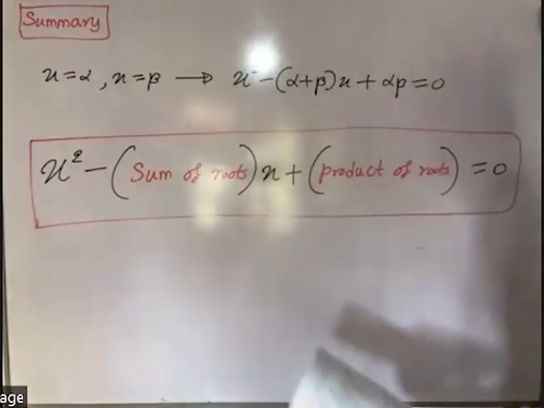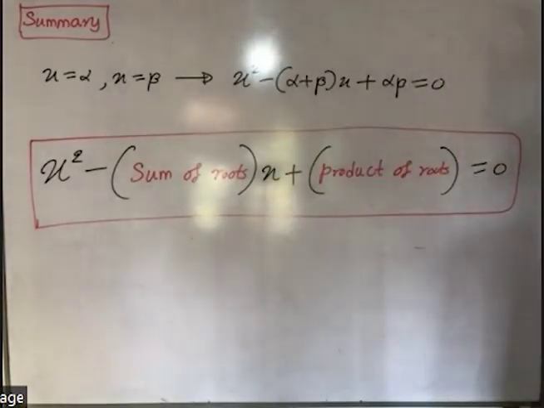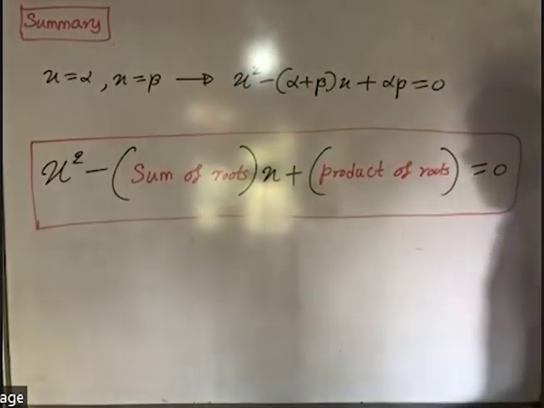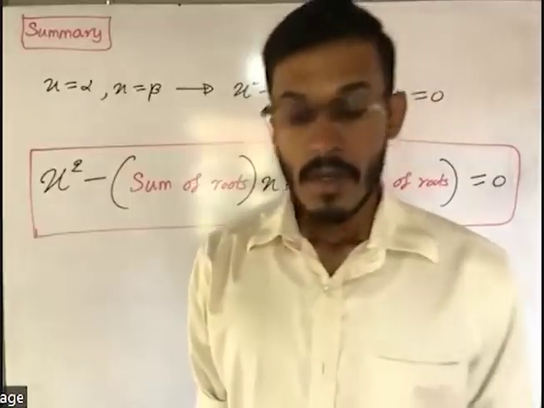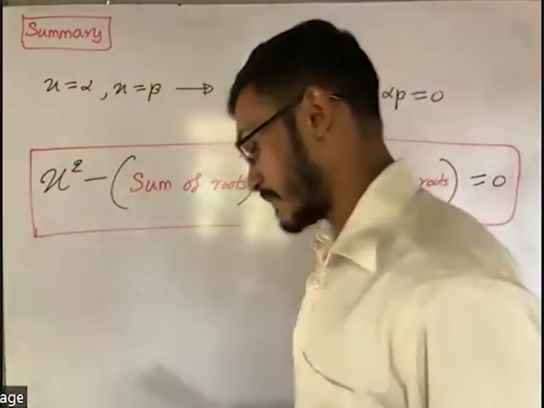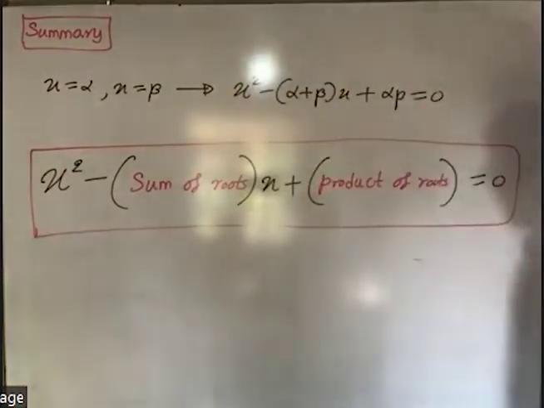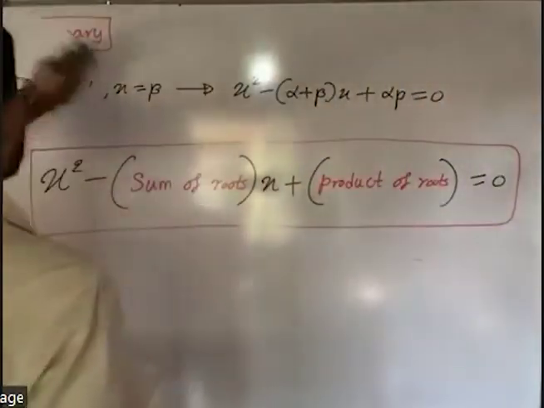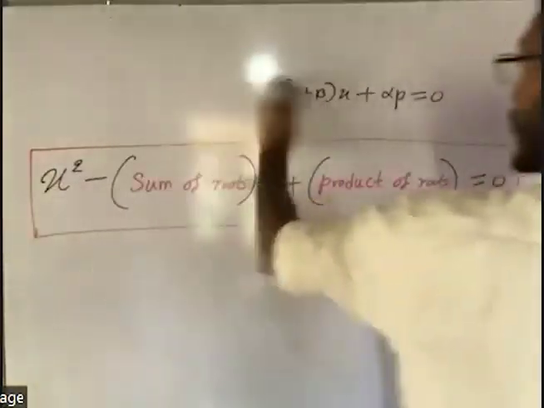So if the roots are given, if the roots are alpha comma beta, right? So if the roots are alpha comma beta, we can find the quadratic equation like this. Okay, right. Now let's do a small question using this formula we have developed.